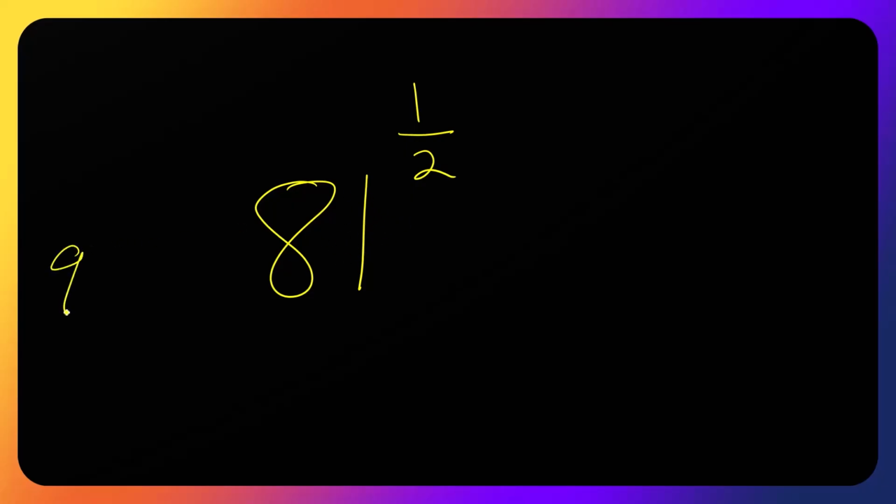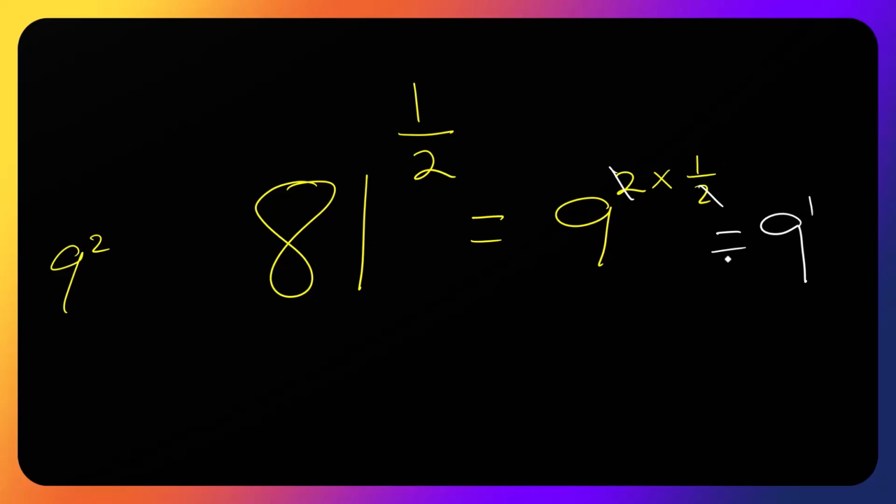The answer is 9, because 9 squared is 81. So in place of 81, you put 9 squared there. This one is still there, times half. The 2 will cancel, and we are left with 9 to the power of 1. Don't forget, any non-zero number to the power 1 is still itself, so 9. That's the other method.